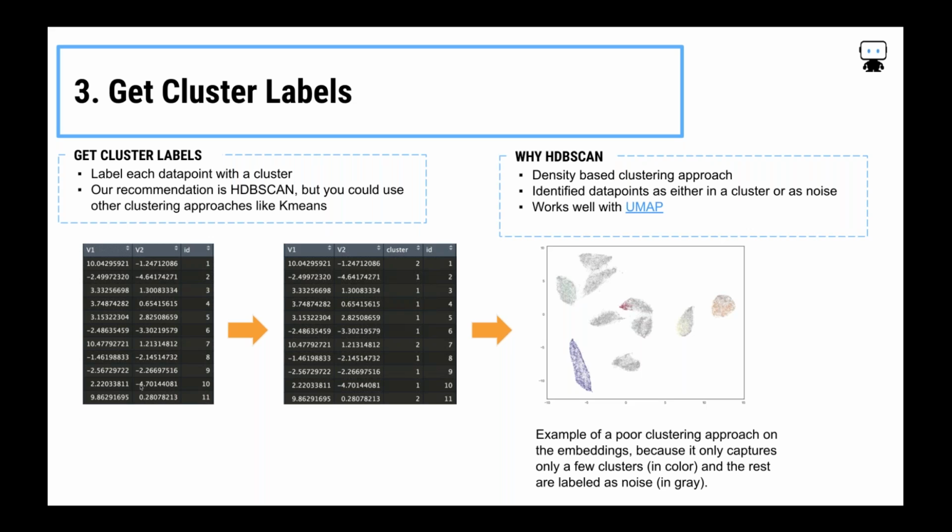One of the nice features of this is that we don't have to come up with a predefined number of clusters or centroids. It'll find those for us. And it will also identify things that are noise. So what you'll see on the right of this picture here is that it's assigned cluster IDs to things that are colored, purple and red, and things that are gray, it's considered as noise. Now, in this case, this is an extreme example where it's very confident about things that it assigns color to, and not so confident about things that are gray.